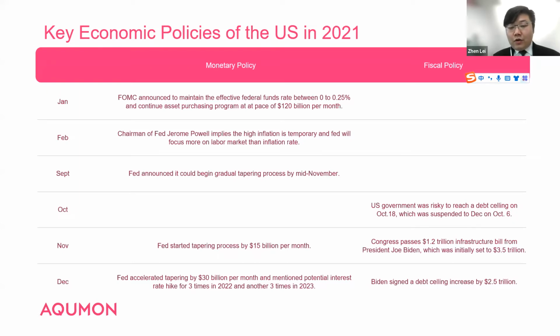And the Congress in November passed the $1.2 trillion infrastructure bill from President Biden, which was initially said to be $3.5 trillion. So less than half of the bill was passed. And in December, Biden signed a debt ceiling increase of $2.5 trillion. That's all the policies for the United States in 2021.